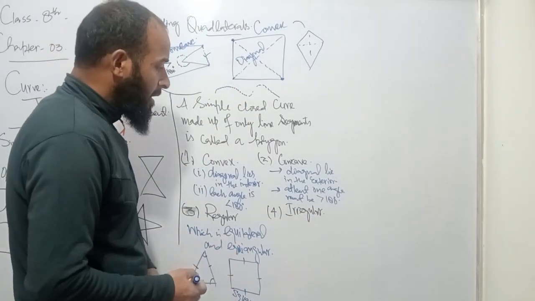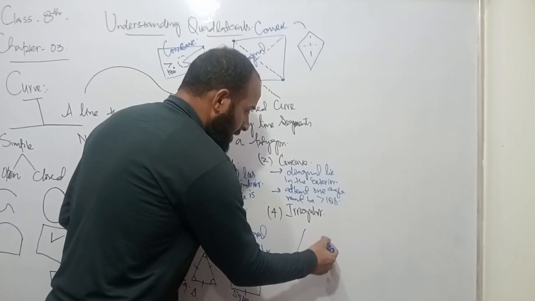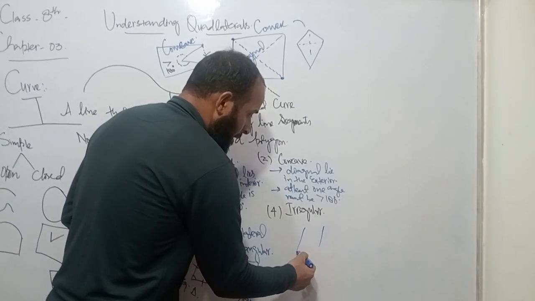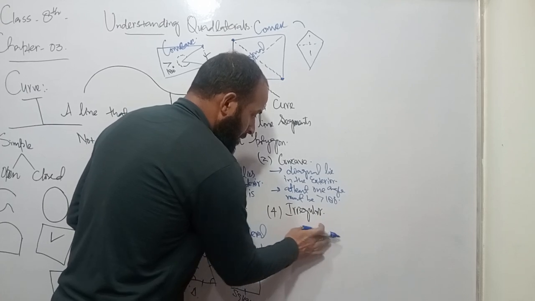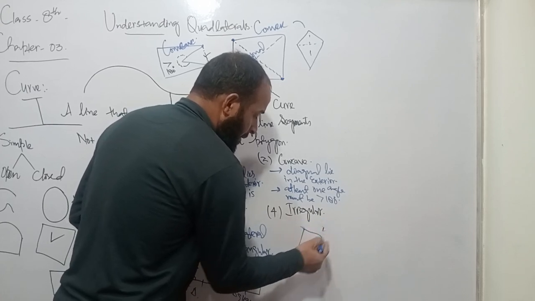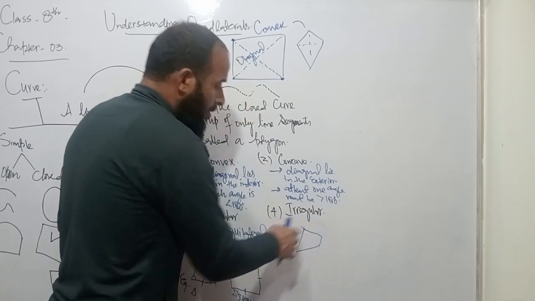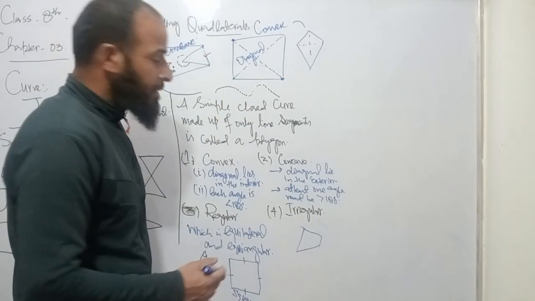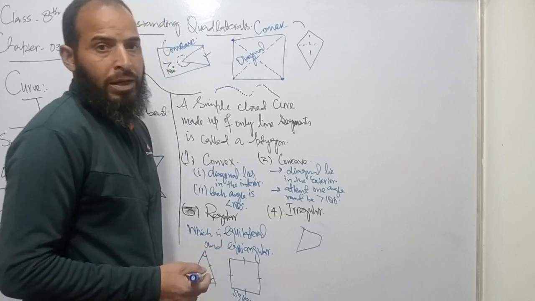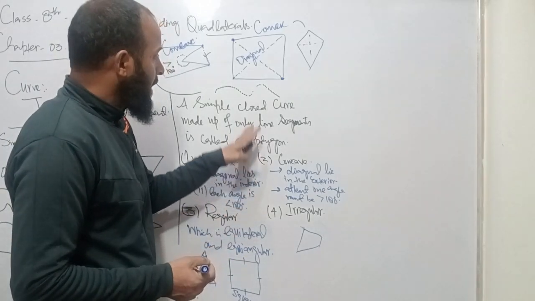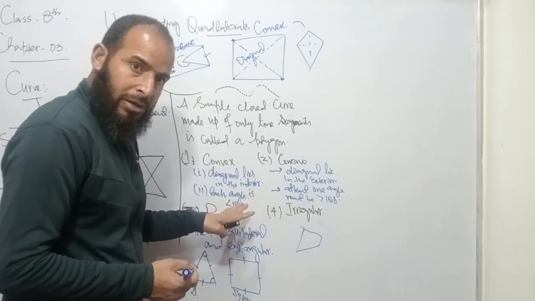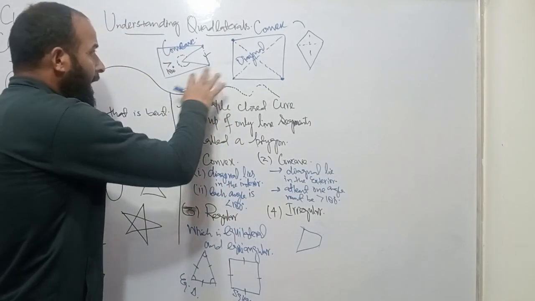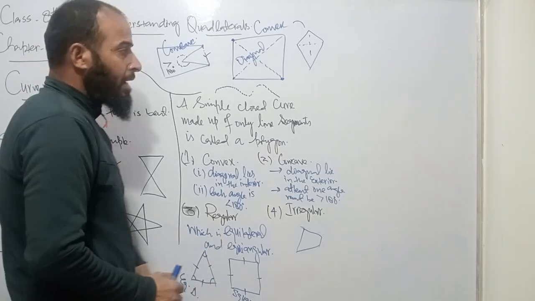Just like if we take this, a trapezium, this is an irregular polygon. This was about the classification on the basis of diagonals or angles.